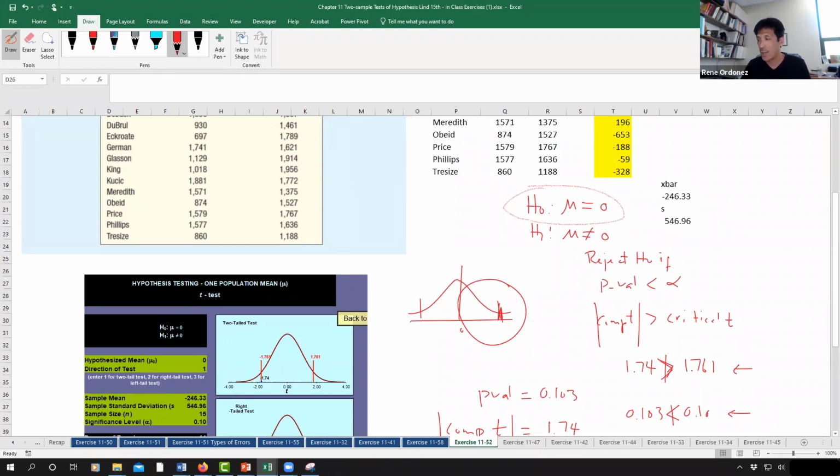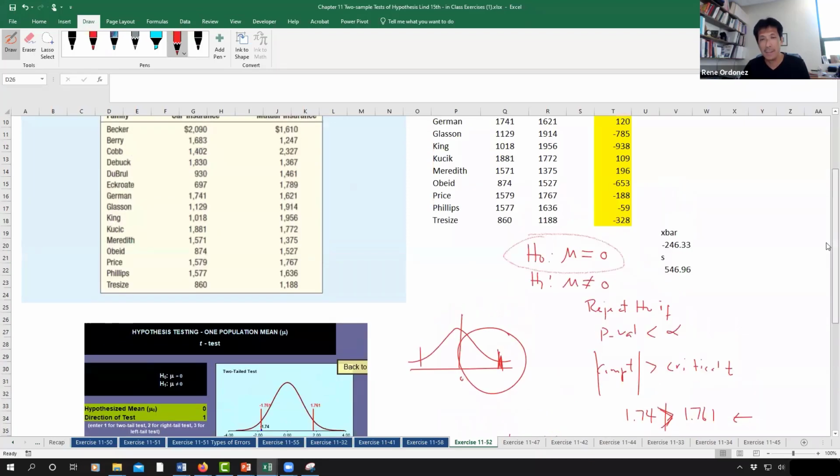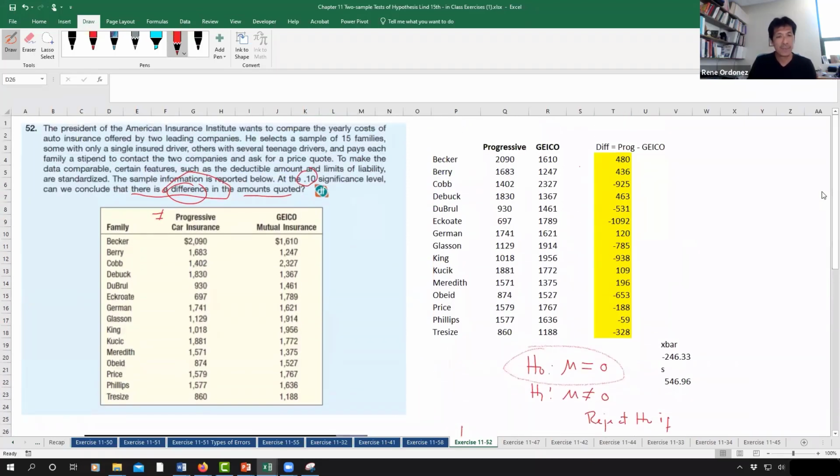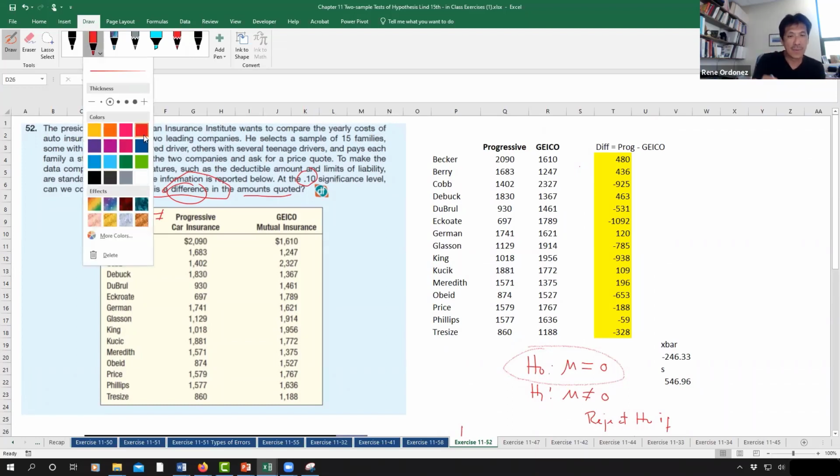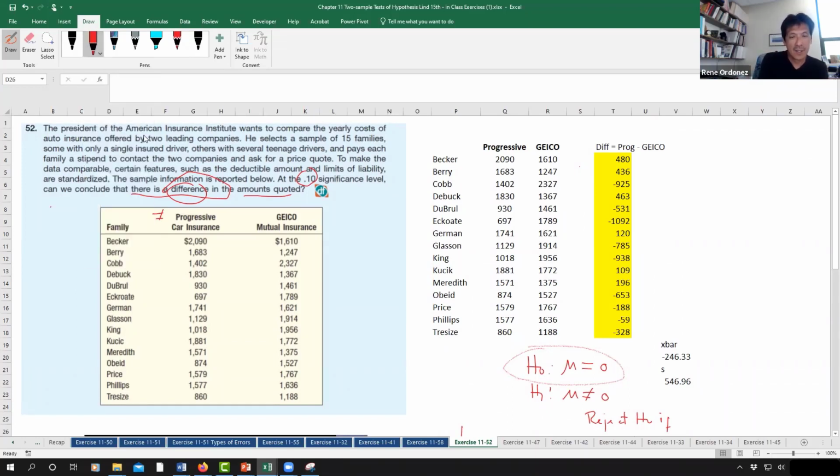So to answer the question posed in the problem, the answer is no. All right, we cannot conclude that there is a difference in the amounts quoted by these two insurance companies.